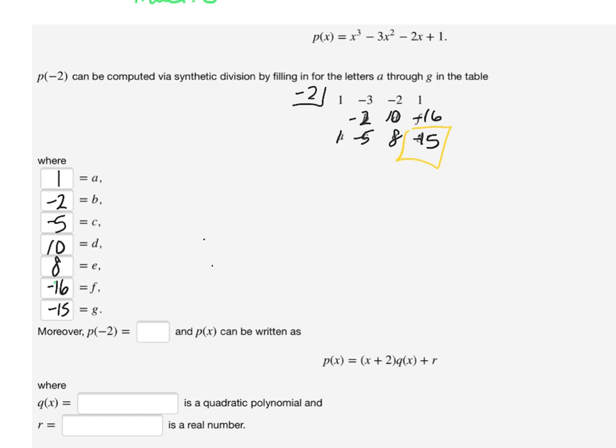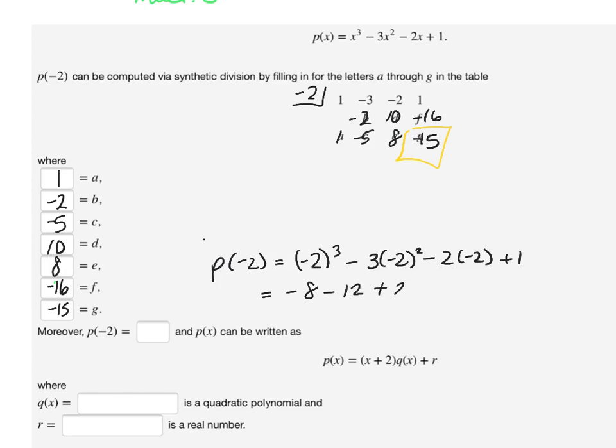So if you were asked to find p of negative 2, it is negative 2 to the third minus 3 times negative 2 squared minus 2 times negative 2 plus 1. This gives me negative 8, and then minus, I have 4 times 3, it's negative 12, and then this becomes plus 2 plus 1. Negative 8 minus 12 is negative 20.